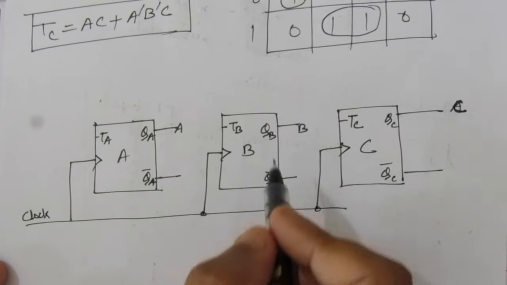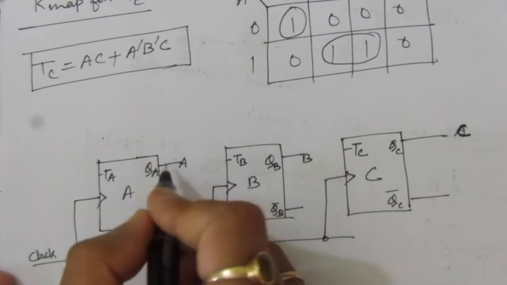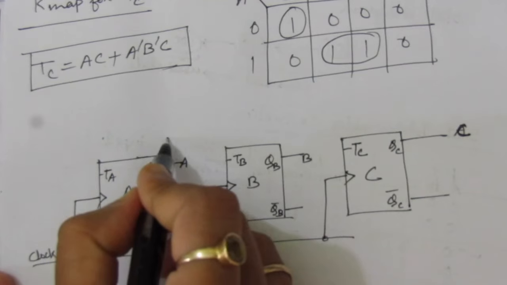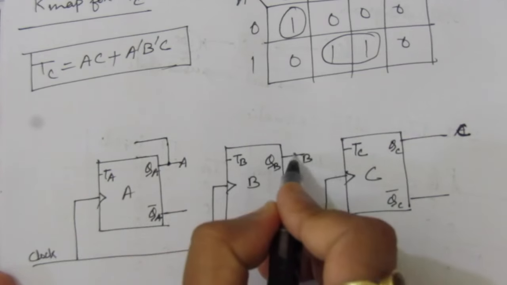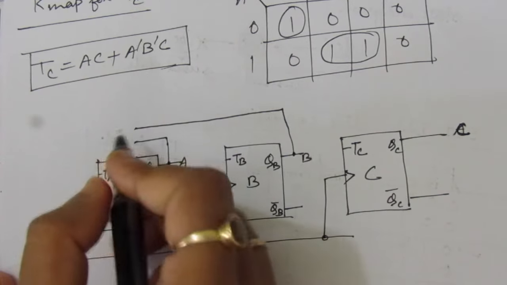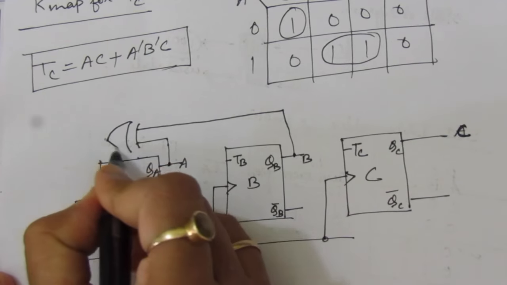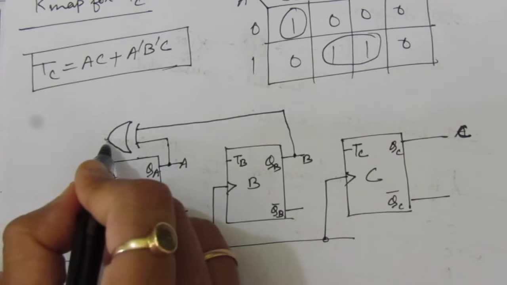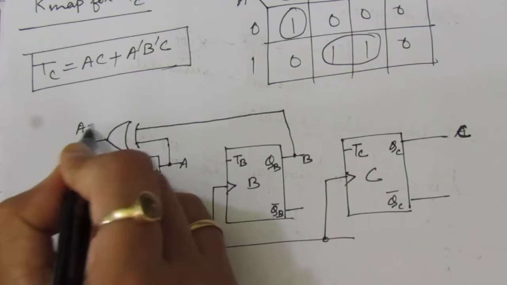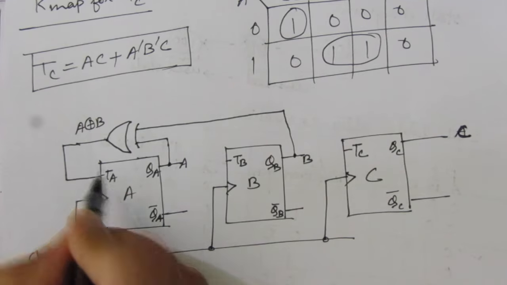Now TA is A XOR B. That means bring a line from A. Bring a line from B. And do the XOR operation. Okay, that means here we'll have A XOR B. So this is connected to TA.